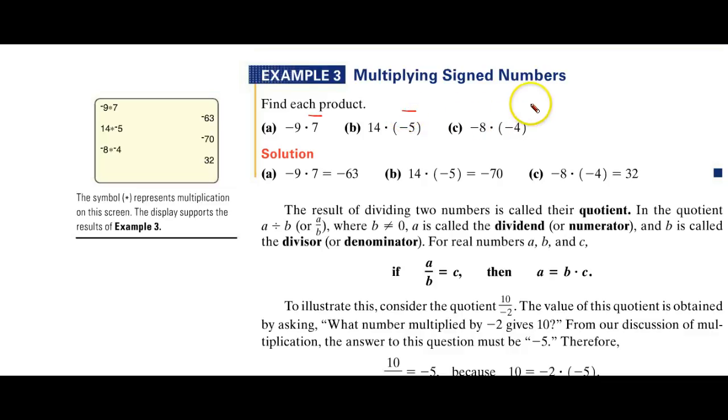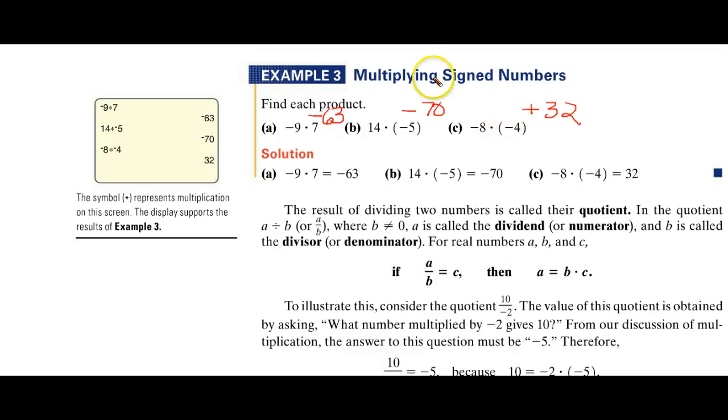Like signs, this will be a positive. We don't write the positive usually. And here they're giving us the answers. So this is going to be a negative 63. This is going to be a negative 70. And this will be a positive 32. They've given us some easy ones to work.